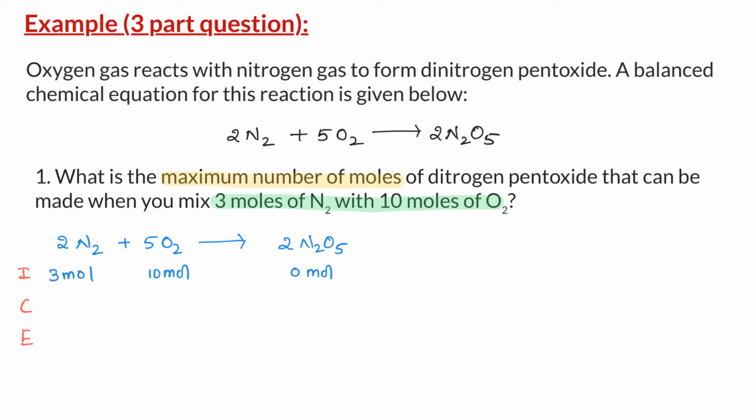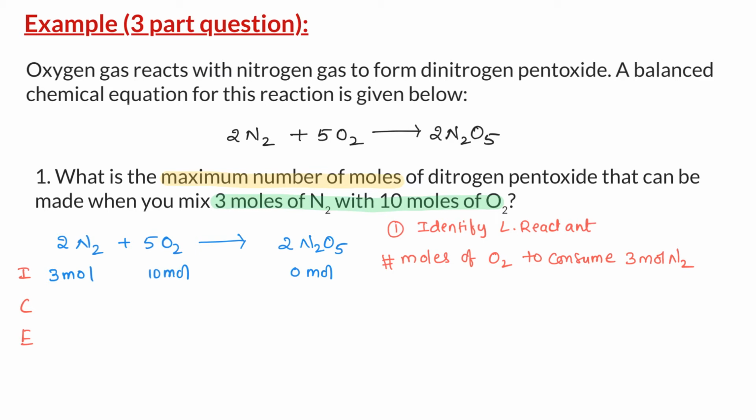As we discussed in the earlier video, to fill the change column, we need to first identify the limiting reactant. So, I will use one of the two methods that we discussed earlier. I will assume only the moles of nitrogen is given as 3 moles and determine how many moles of oxygen is required to completely consume 3 moles of nitrogen.